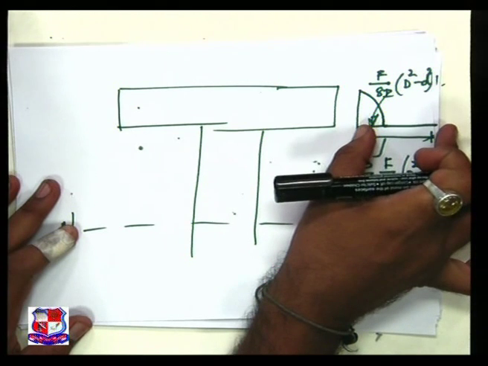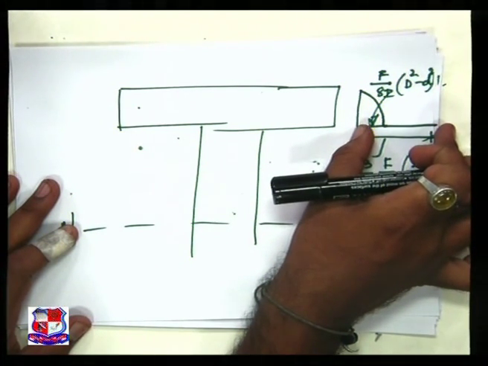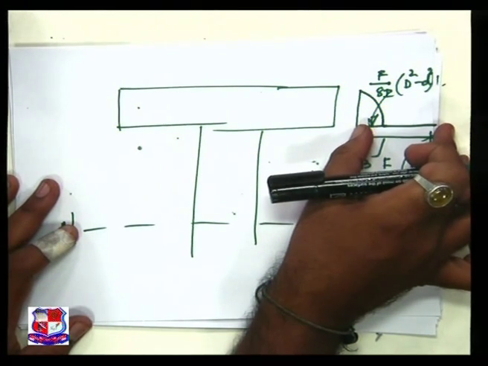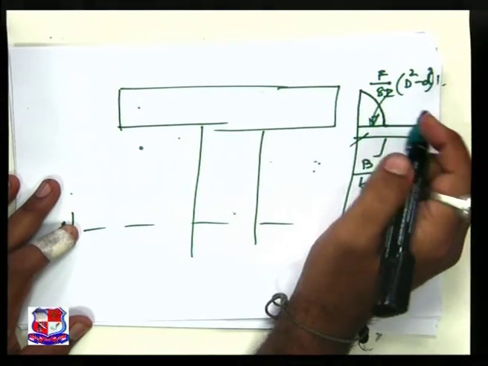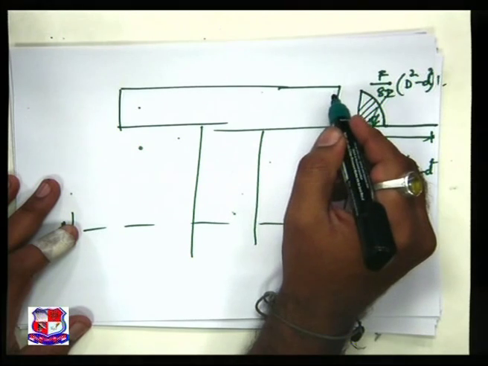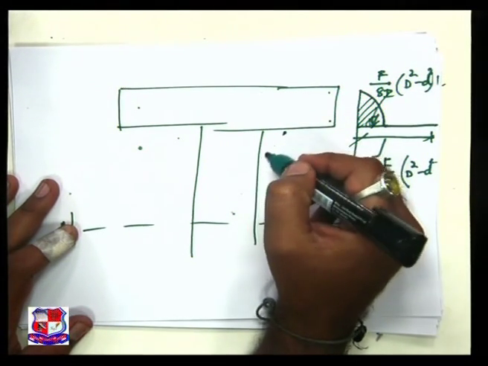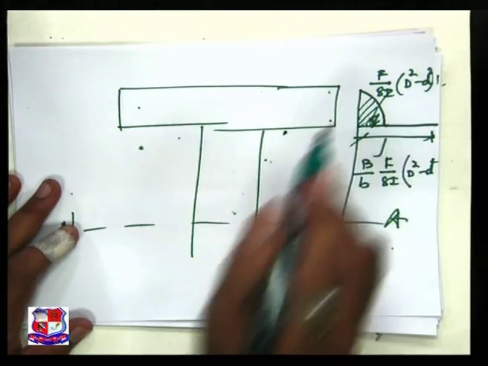This is a huge value, which indicates that the value of shear stress abruptly changes at the junction of the flange to the web. Very little shear stress comes under the portion of the flange. Very high shear stress comes when it comes to the web, abruptly changing from the small value to the huge value.